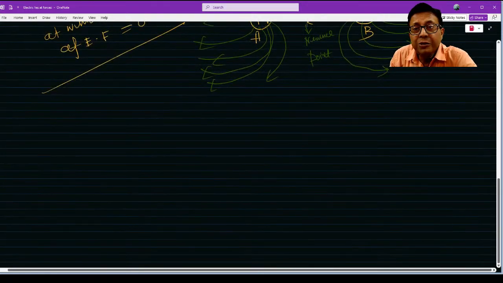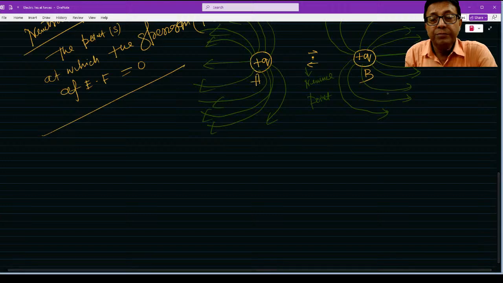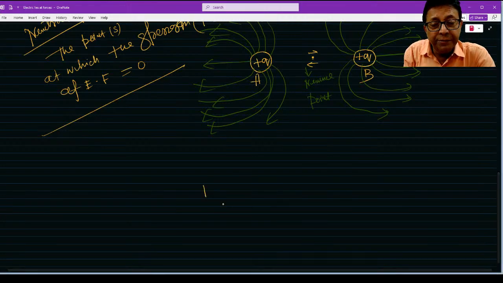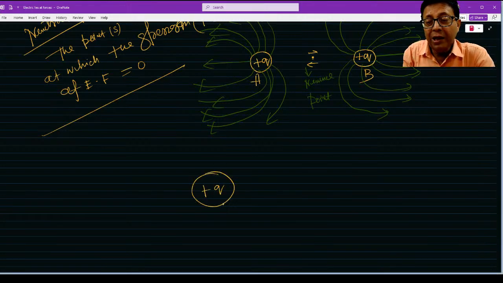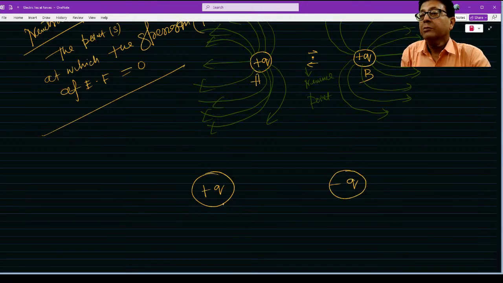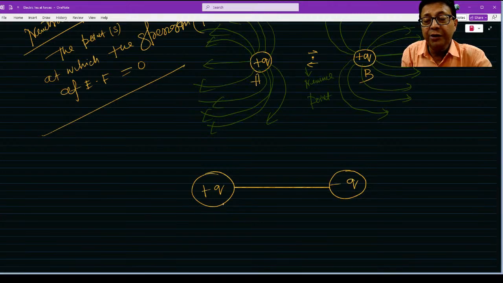How to draw lines of forces due to one positive and one negative charge? That also can be done. Let us do it for one positive and one negative charge. Lines of forces will come out from here. They will meet here. Agree or not? They'll meet.